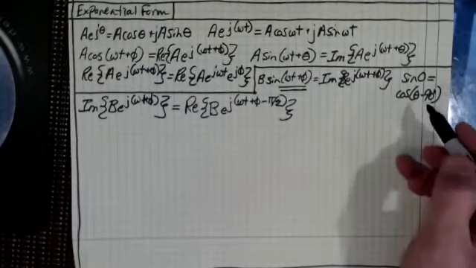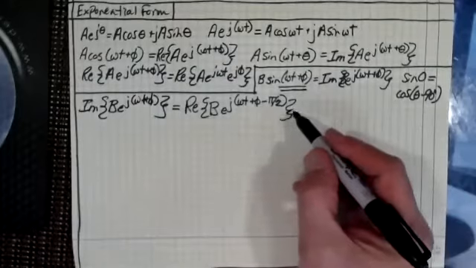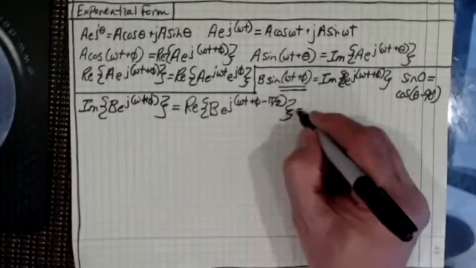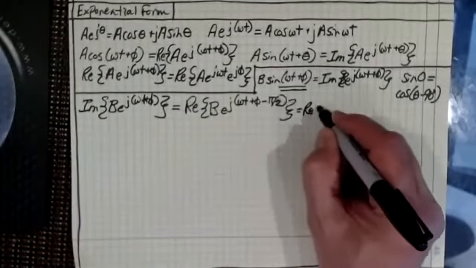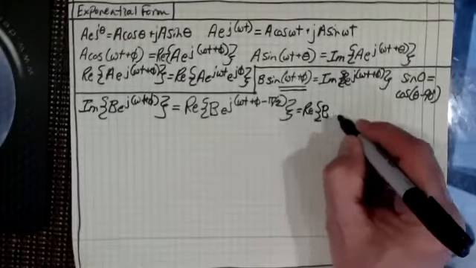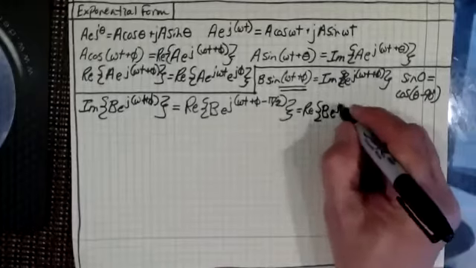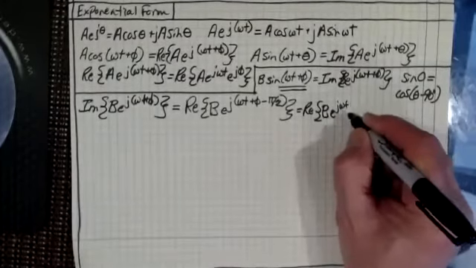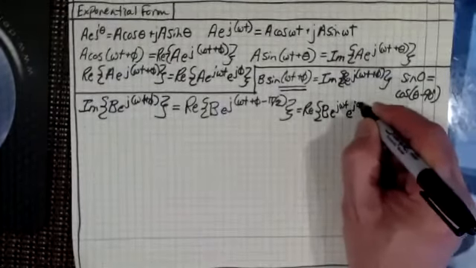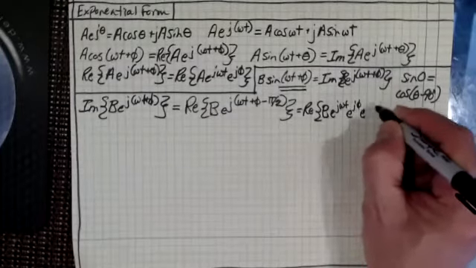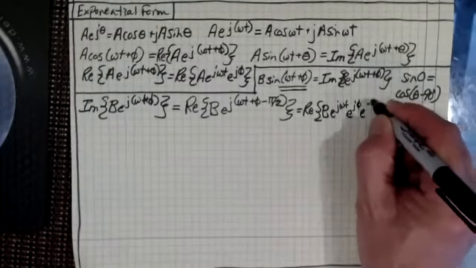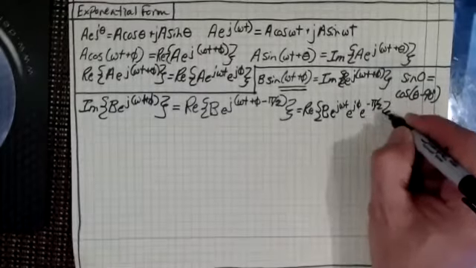And of course, now what I can do is I can break this all up. I've got this really equaling the real part of B times e to the j omega t, e to the j phi, and then e to the minus j pi over 2, right?